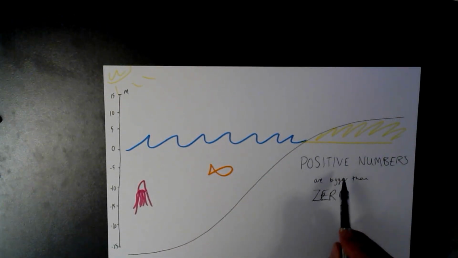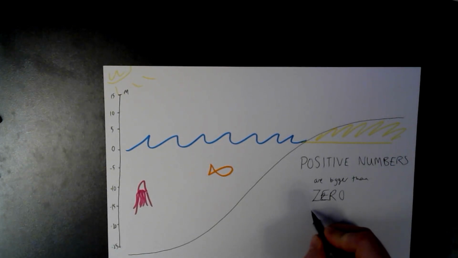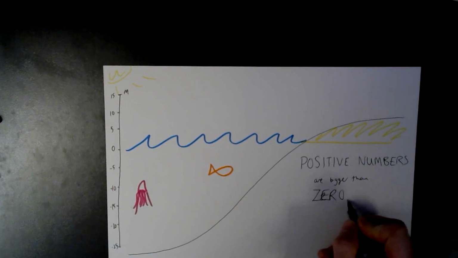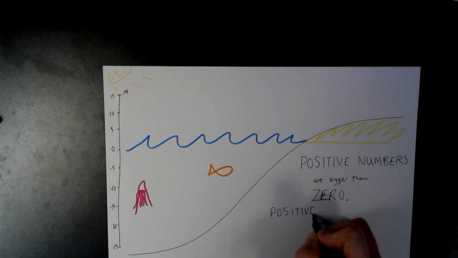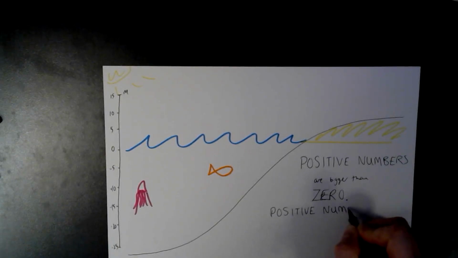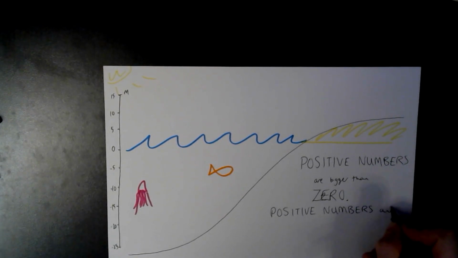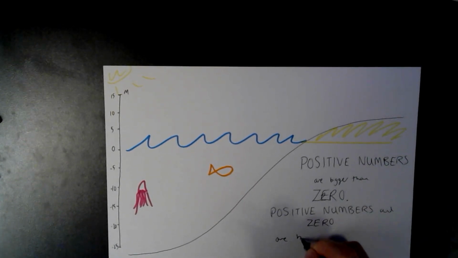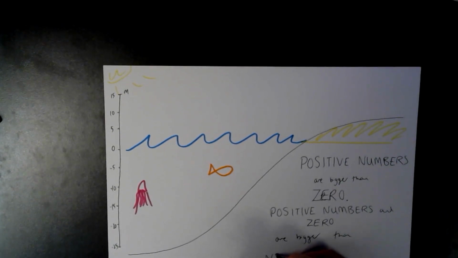So positive numbers are bigger than 0, and they're both bigger than the negative numbers. So I guess positive numbers and 0 are bigger than negative numbers.